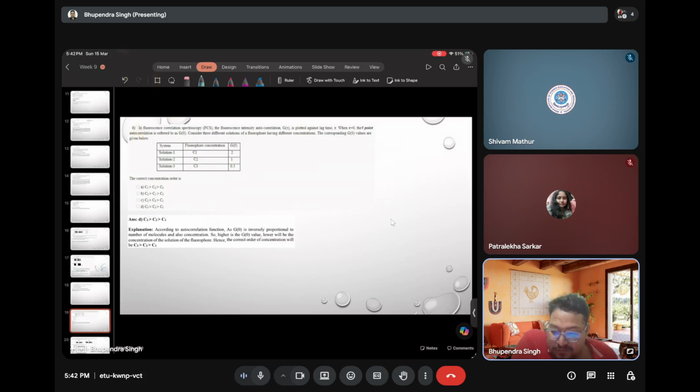In fluorescence correlation spectroscopy, the fluorescence intensity correlation G(tau) is plotted against lag time tau, where at tau equal to 0 the autocorrelation is referred to as G0. Consider 3 different solutions of a fluorophore having different concentrations.